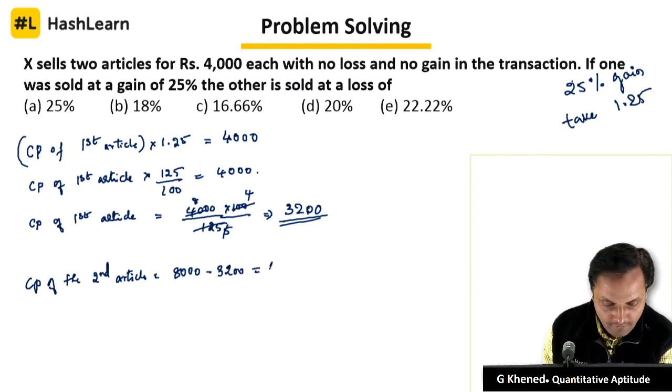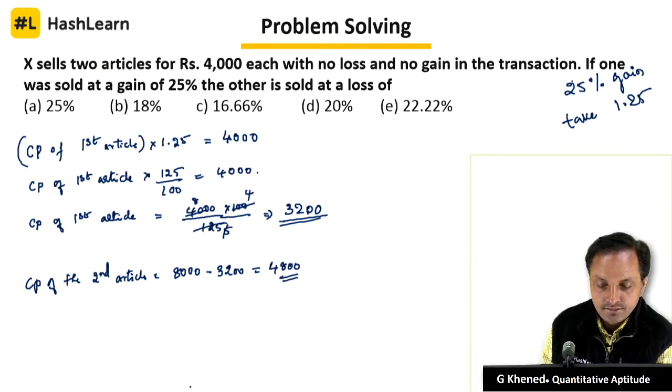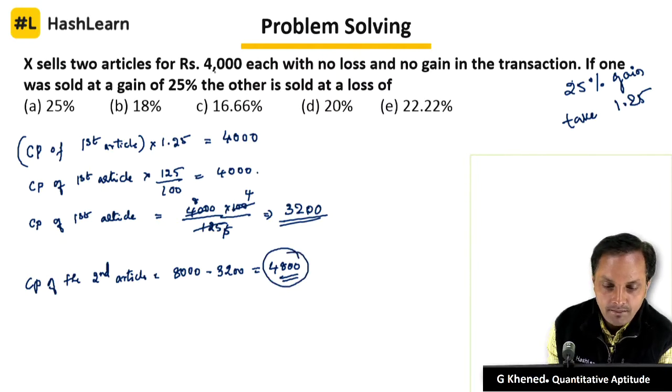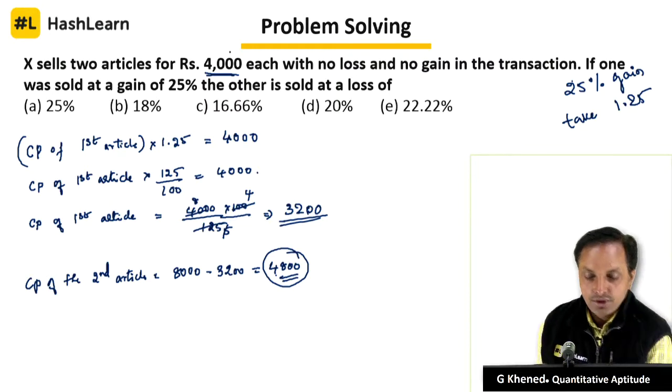That will be 4,800. Is it clear? So you can make a note here, this is 4,800 and that is 4,000.